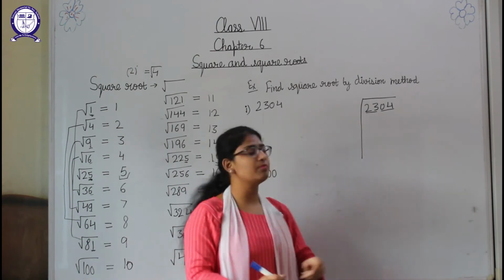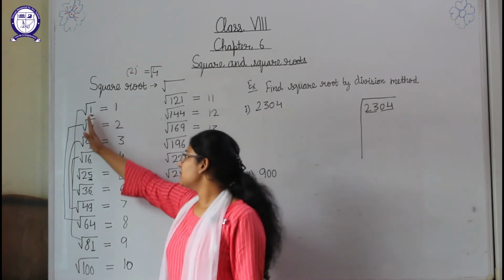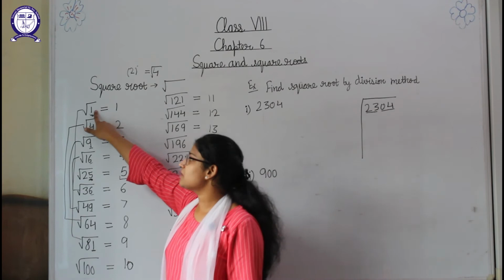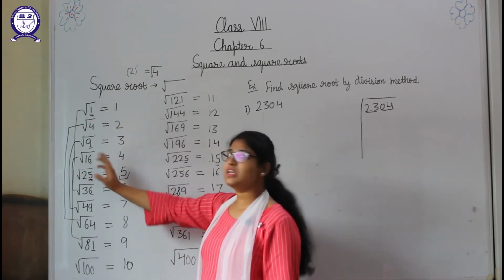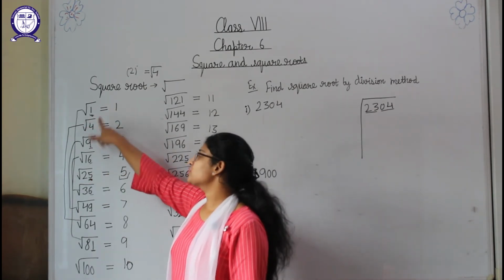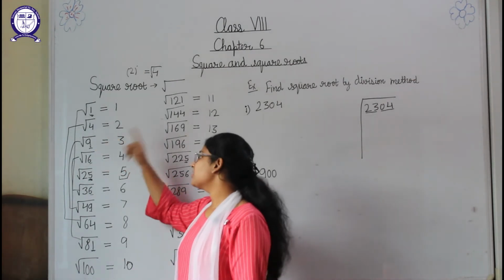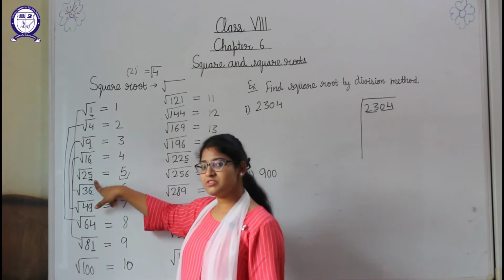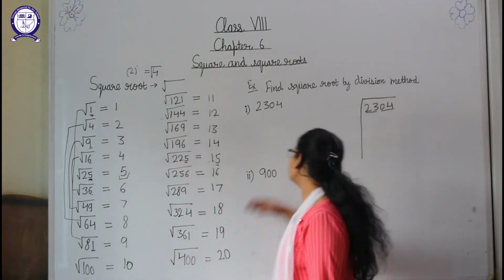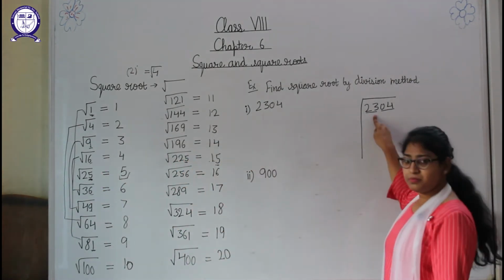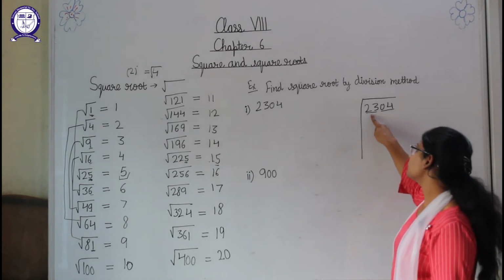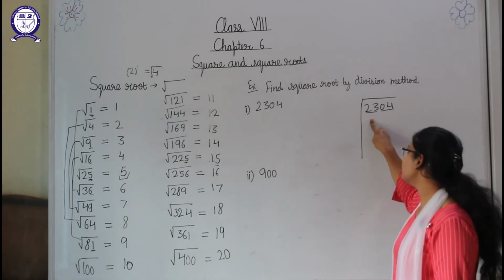Now we will check which perfect square number can be subtracted from 23. Perfect square numbers are these which are written here. Here 1 is a perfect square number, but 2 and 3 are not. Then 4 is a perfect square, 5, 6, 7, 8 are not, then 9 is a perfect square. After this 16 is a perfect square, 25 is a perfect square. Here 23 is the pair, so we have to subtract a perfect square number from this.